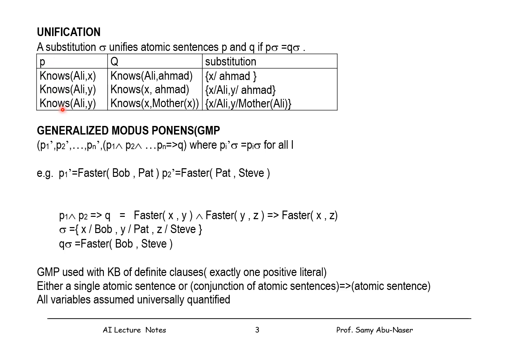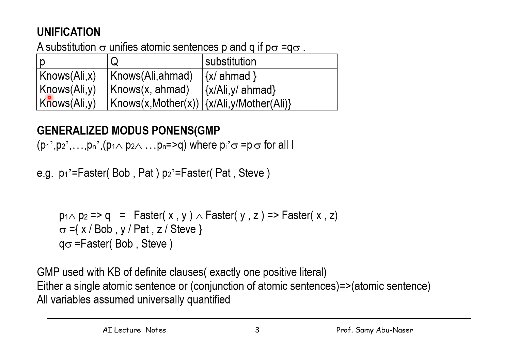I have one column P and a second column Q, and we do the matching between them, the substitution. Knows(Ali, x) and Knows(Ali, Ahmed). Here you see these are the same predicate name. The first argument, Ali with Ali, is the same constant. The variable x takes the value Ahmed.